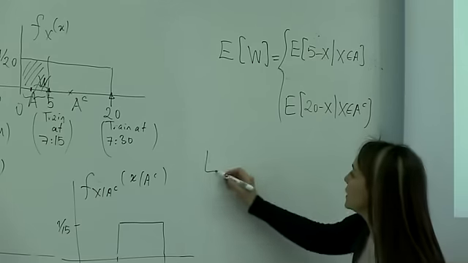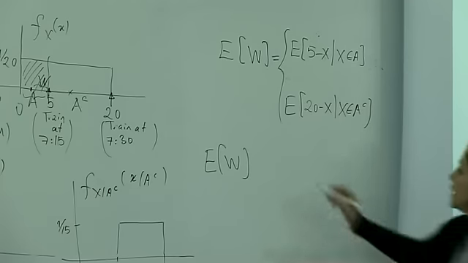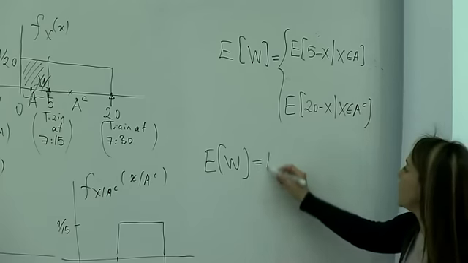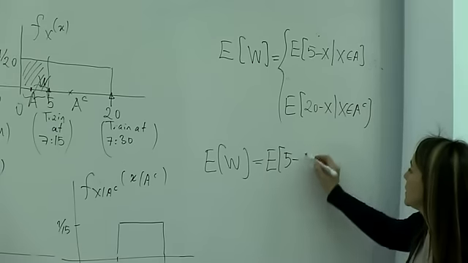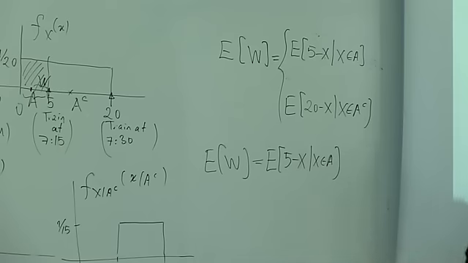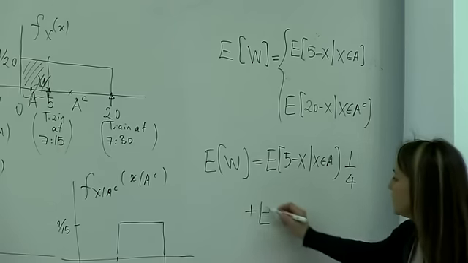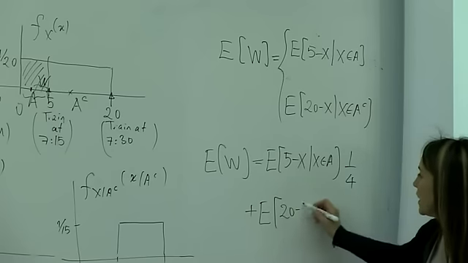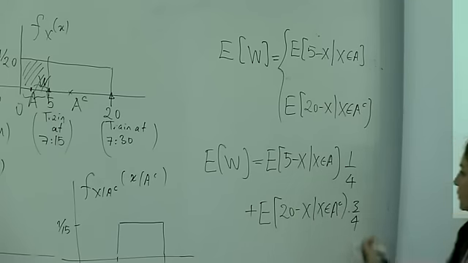Then the expected value of my waiting time, using the total expectation theorem, is the expected value of 5 minus x given x is in A times the probability of x being in A, which is 1 over 4, plus the expected value of 20 minus x given x is in A complement times 3 over 4.